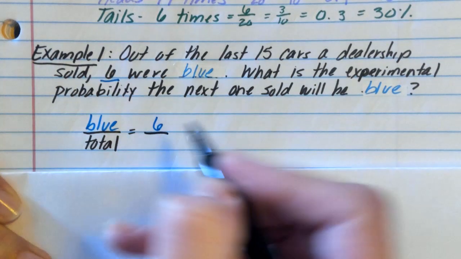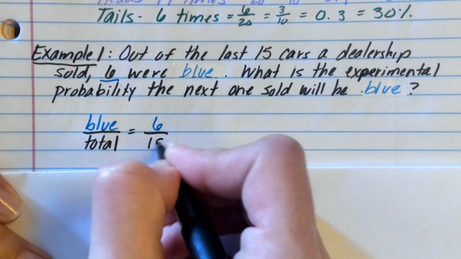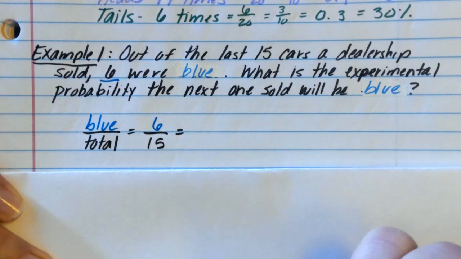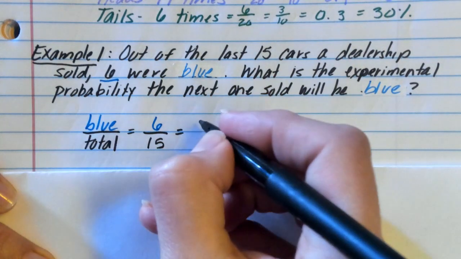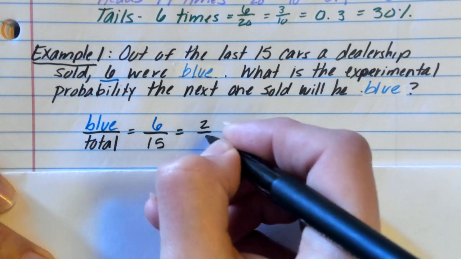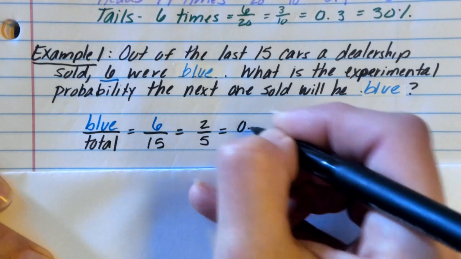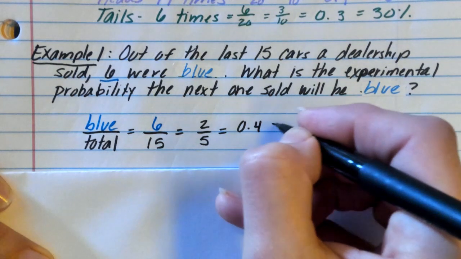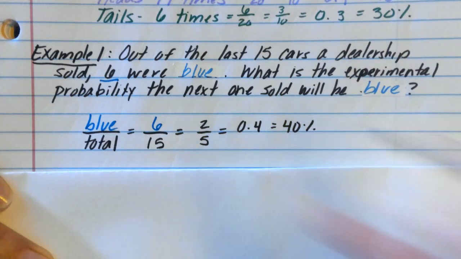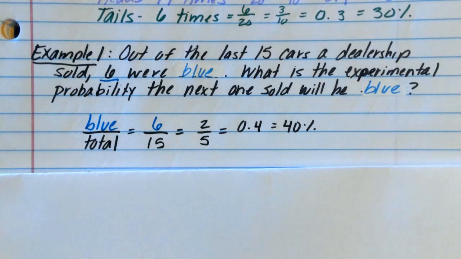How many total cars did we sell? 15. Guys, we simplify that down. Both are divisible by 3. We're going to wind up with 2/5, which then simplifies into 0.4 as a decimal, or 40%. That's all it is. You're done. There's your answer in 3 different forms.